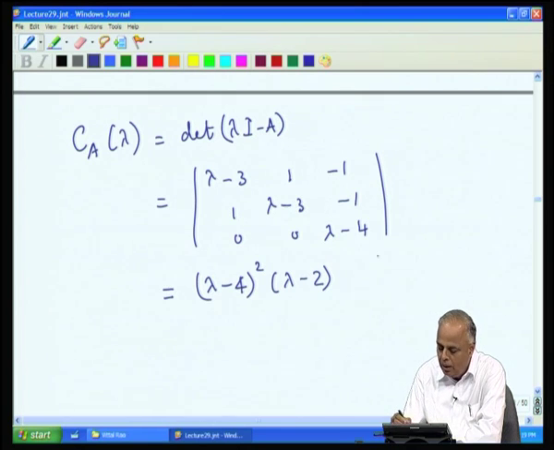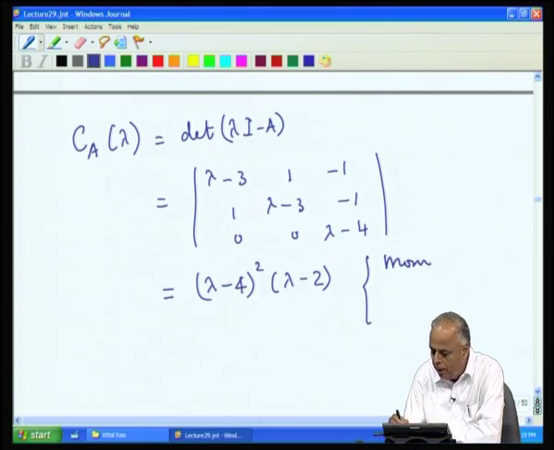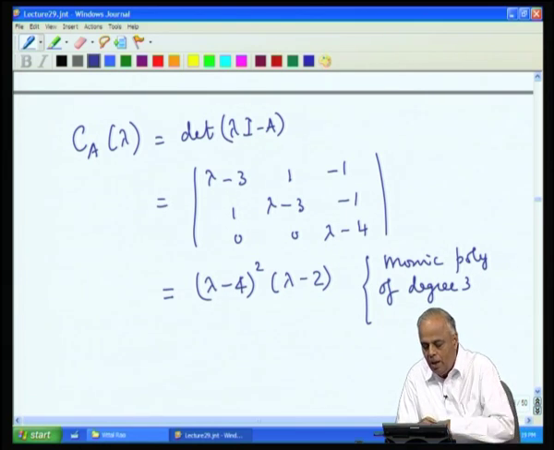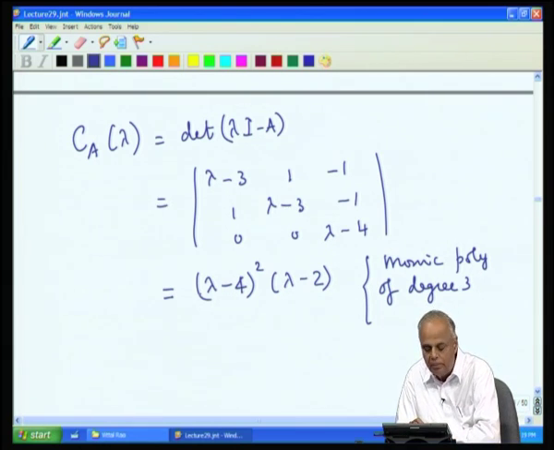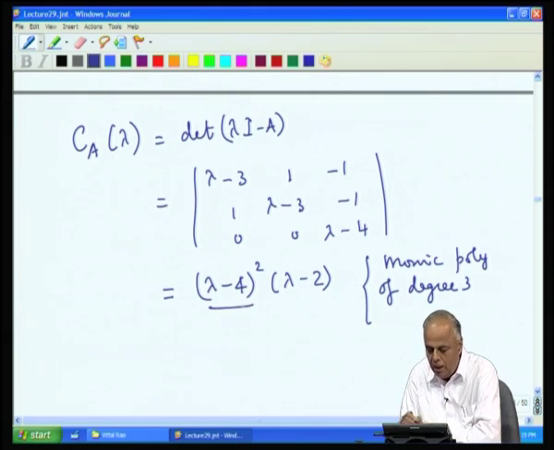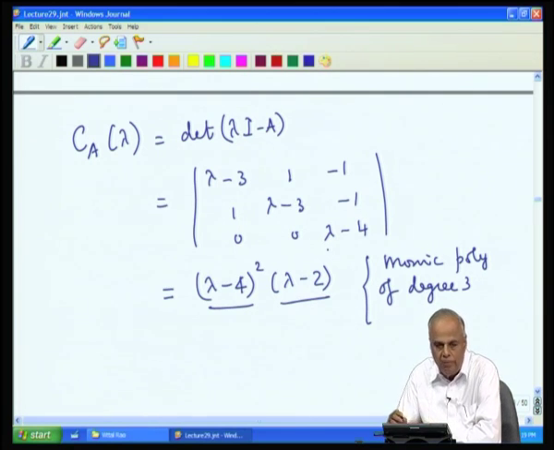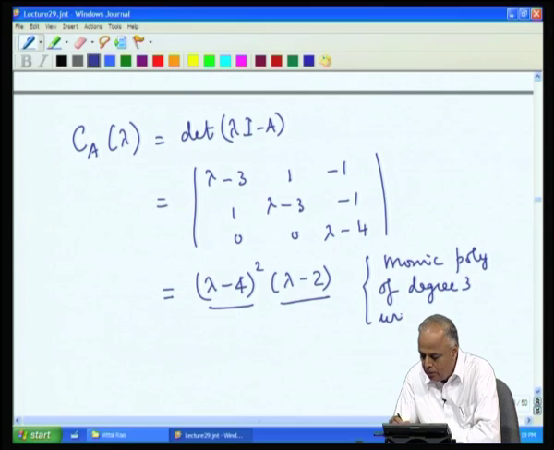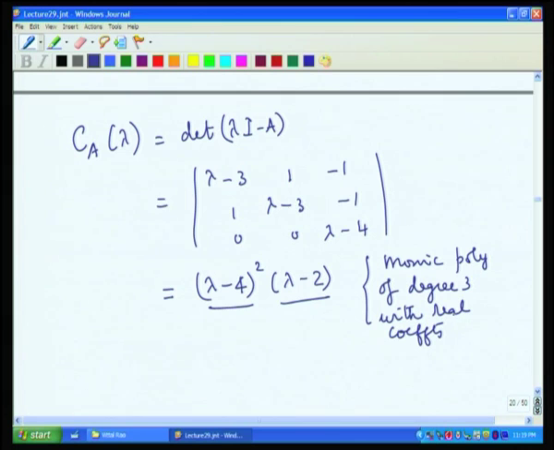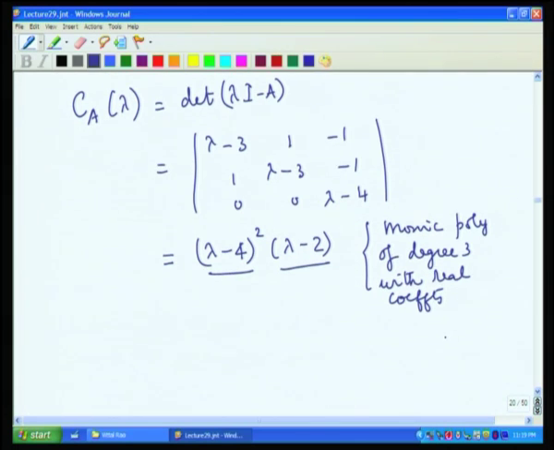So, this again is a monic polynomial of degree 3. The degree is 3 because it is a 3 by 3 matrix, and when you expand this, there will be a lambda squared term in the first factor and a lambda term in the second; the product will be lambda cubed. So, the cube term has coefficient 1. It is a monic polynomial of degree 3, and since all coefficients are real, it is with real coefficients.